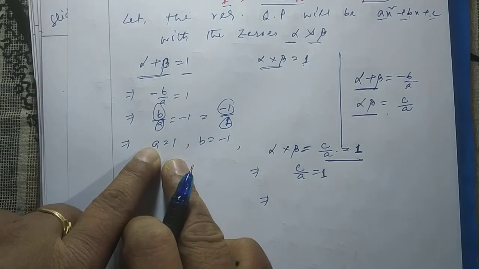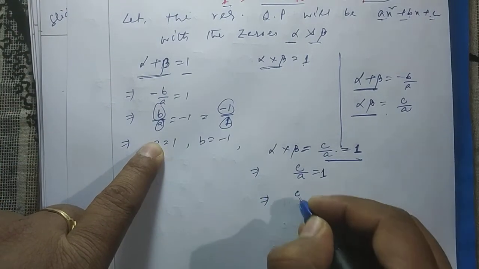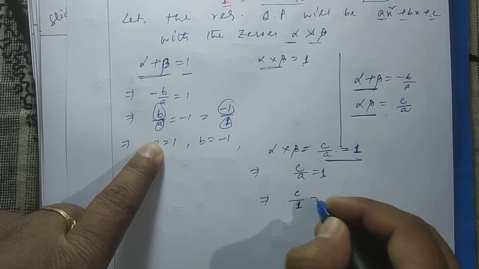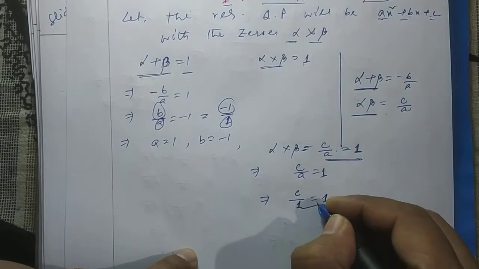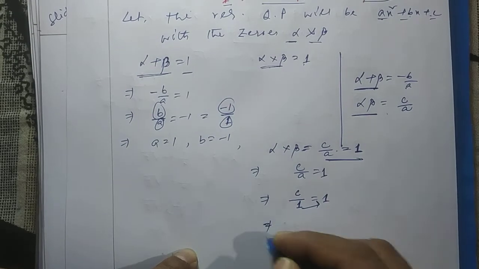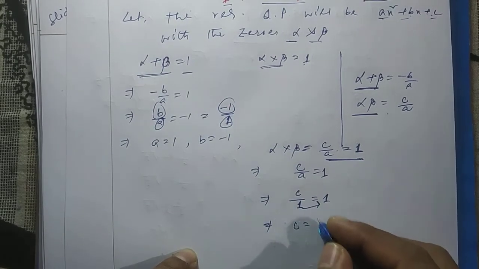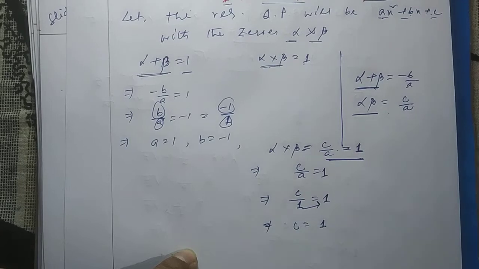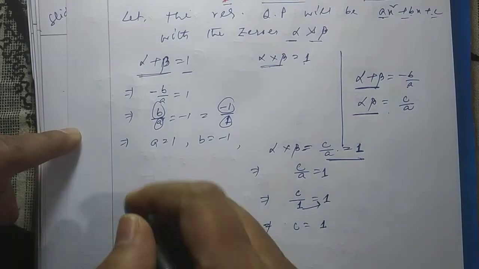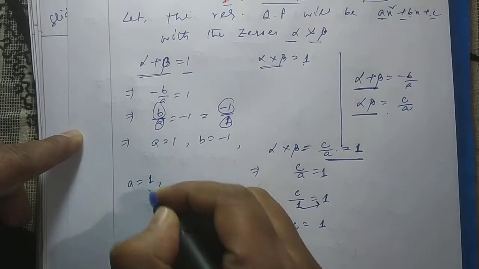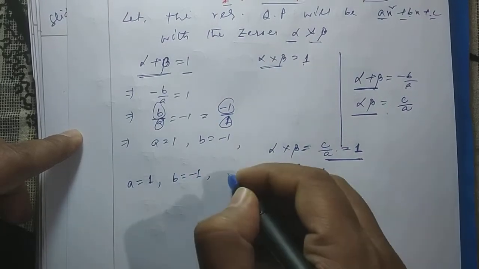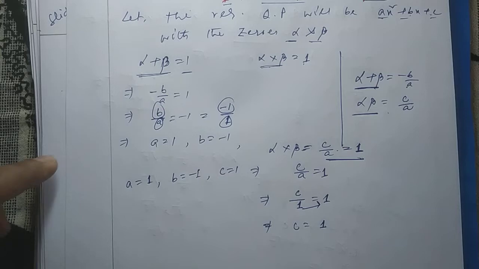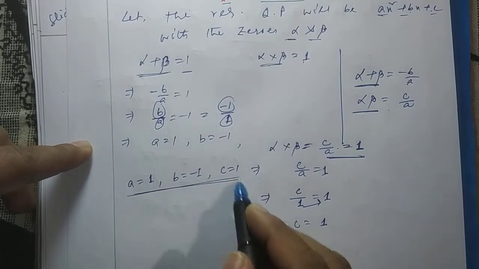What we got? a equal to 1. Now let us put here a equal to 1, equal to 1 as usual. Now let us do the cross multiplying. Then it will become c equal to 1 into 1, means 1. In this way we are getting the values of a equal to 1, b equal to minus 1 and c equal to 1. In this way we are getting all the values of a, b, c.